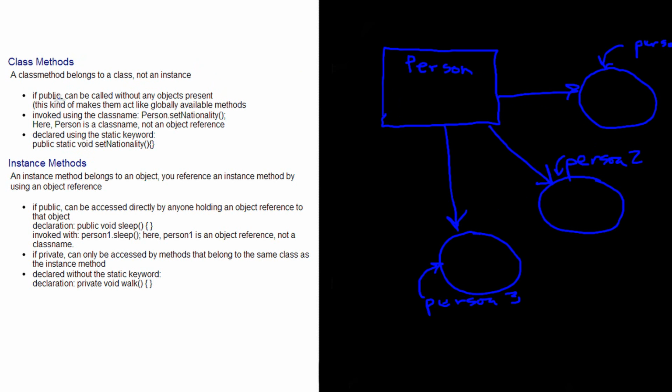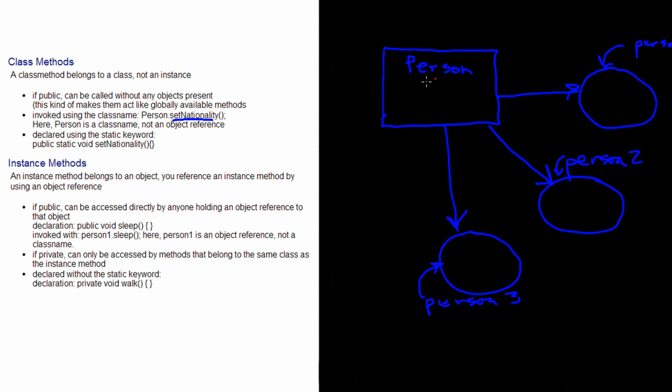So it turns out that you can define a method as a class method, and there it belongs to the class, not the instance or the object. Or you can define an instance method, and instance methods belong to the objects. So for example, let's say we create a class method called setNationality.